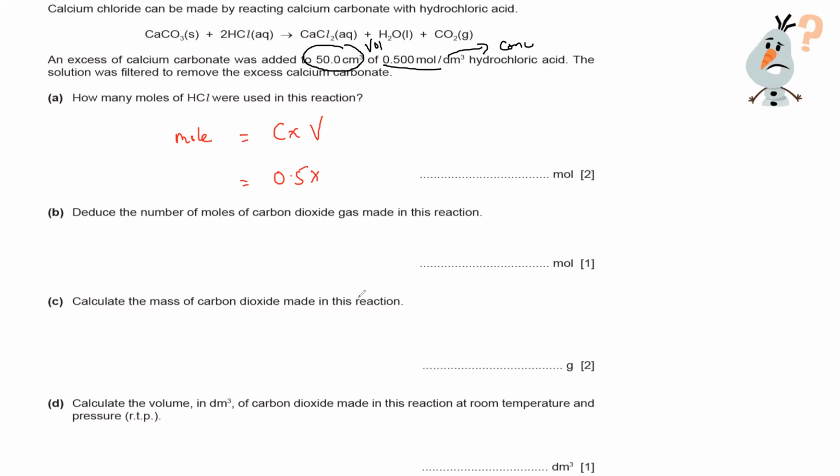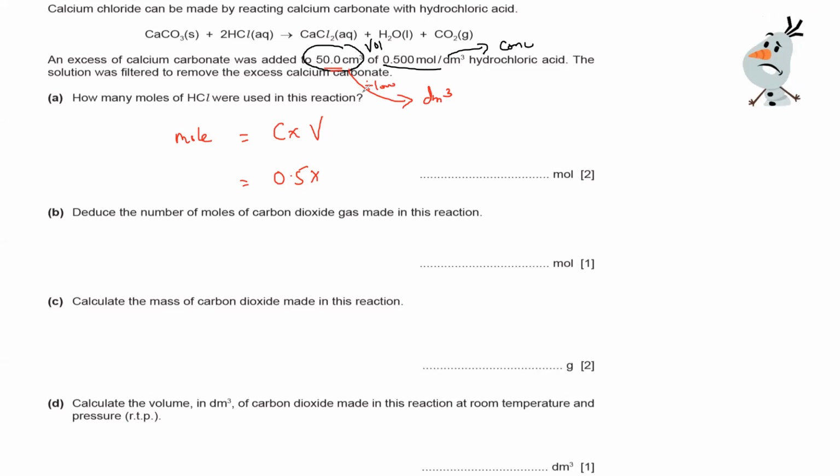But the volume here is given as 50 cm cube, so we have to convert into dm cube. How do I convert cm cube into dm cube? We'll divide by 1000.